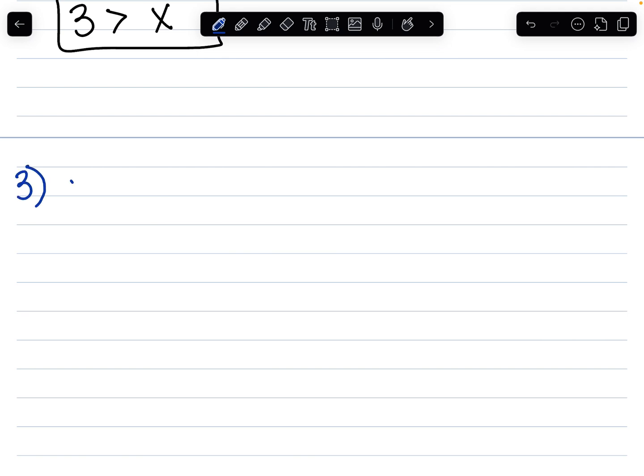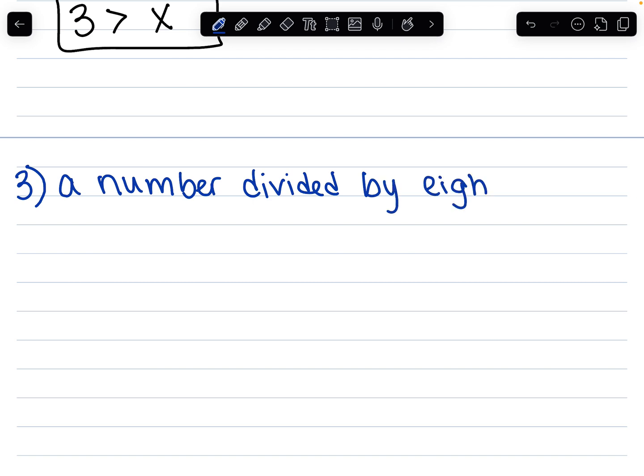A number divided by 8 minus 3. Actually, I think it's minus 13. Yep.